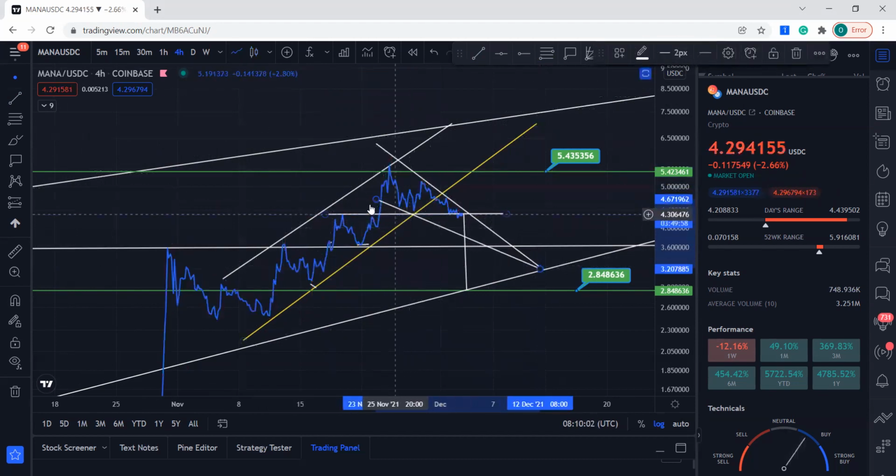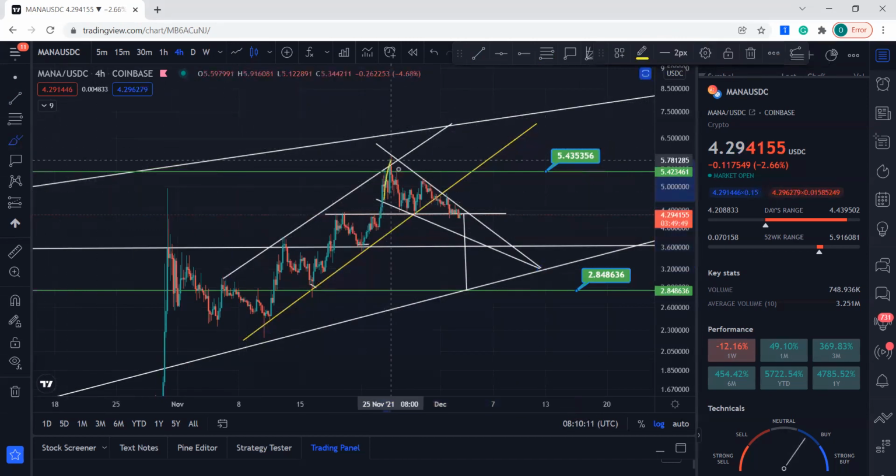If you bring out your line graph, you can see how this falling wedge can come into play. If that happens, we can go something like this.